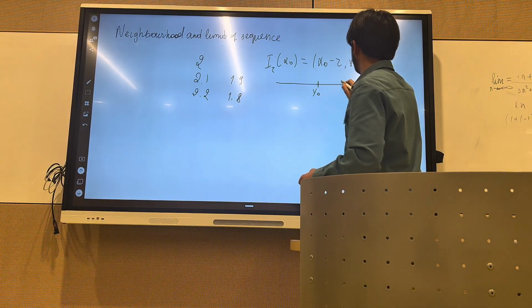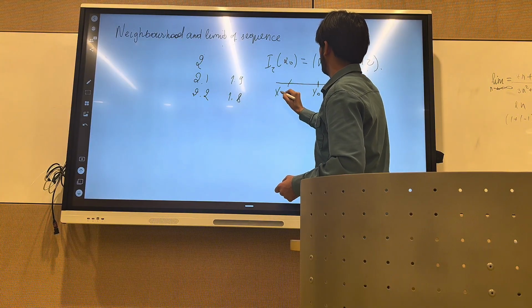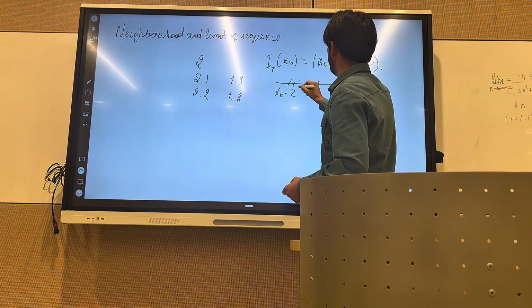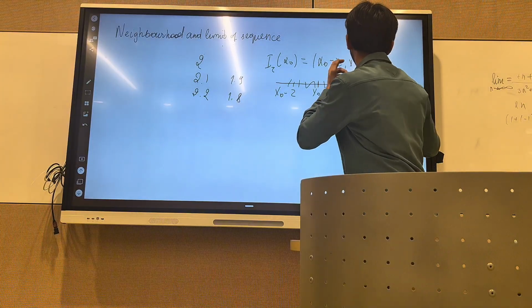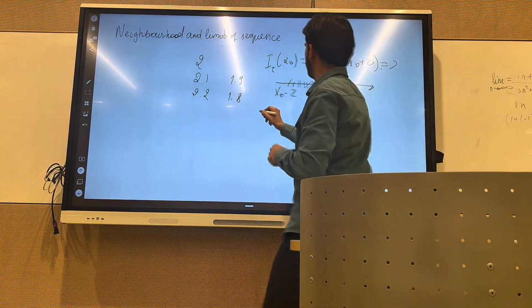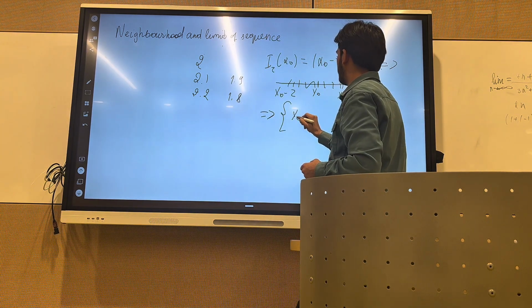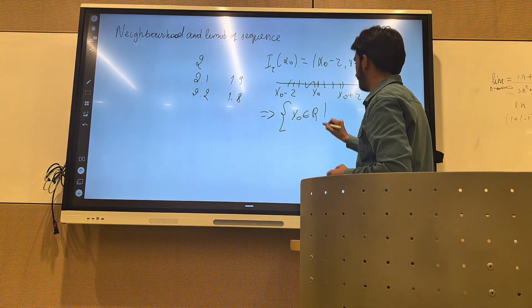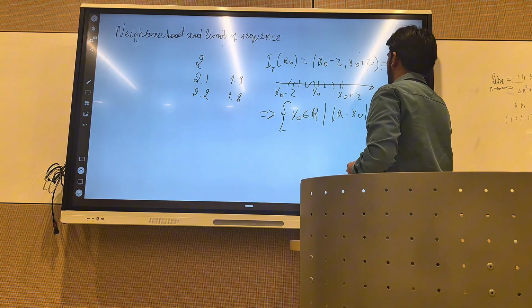It's our x0, x0 plus r, and x0 minus r. These are all our numbers. And in the mathematical way, we can also show it like that: inside the curly braces, x is a real number such that |x minus x0| is less than r.